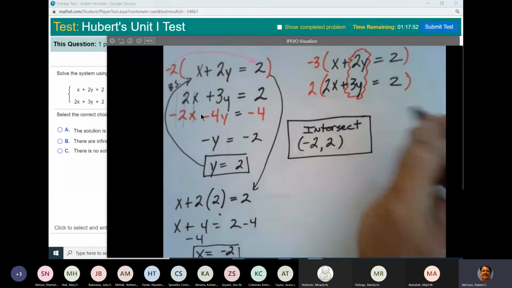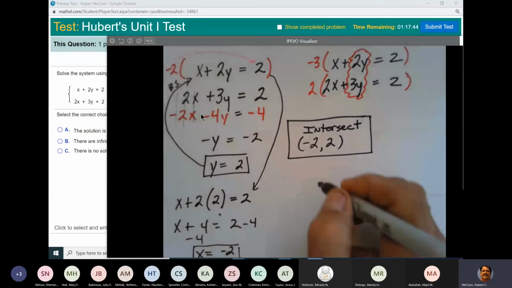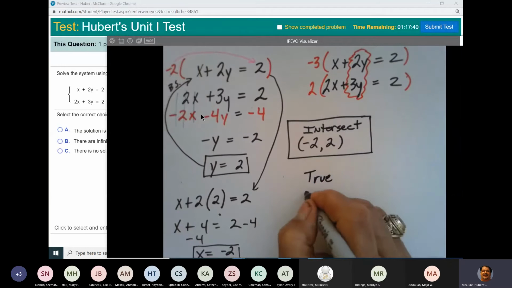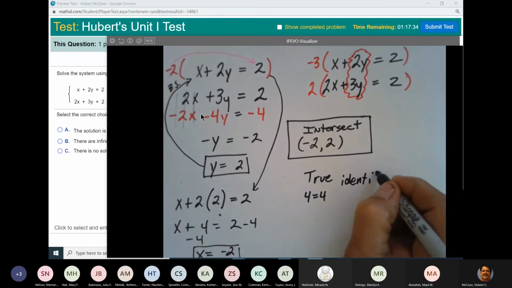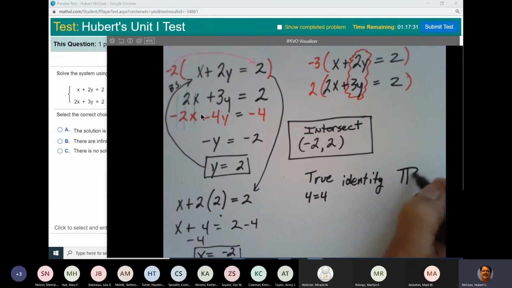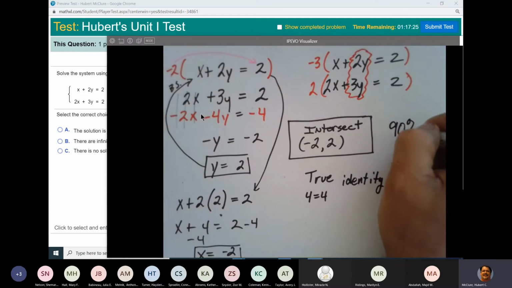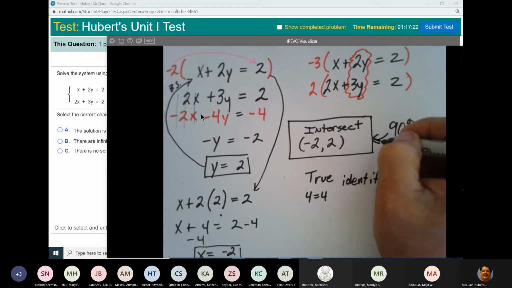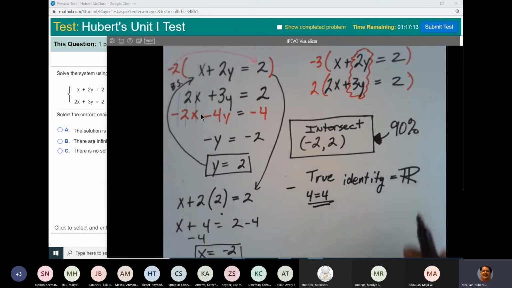Remember, 3 possible answers with these type questions. Y is equal to a number and X is equal to a number, or a true statement like 4 is equal to 4. That's an identity, which means the answer is all real numbers. 90% of the time, you're going to have a solution. 10% of the time, you're going to have an identity, which means all real numbers when it's the same line.